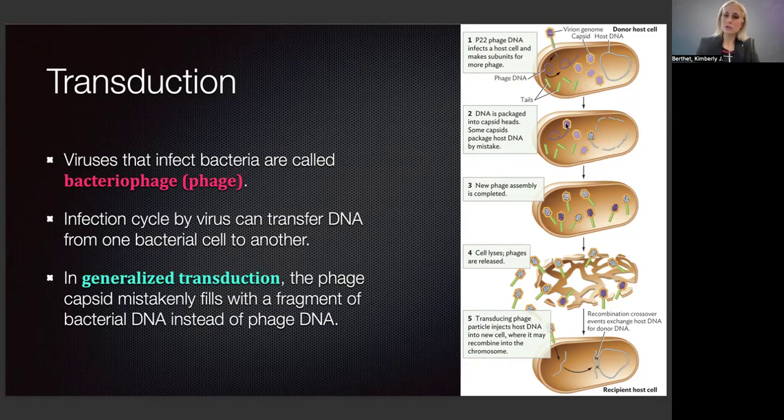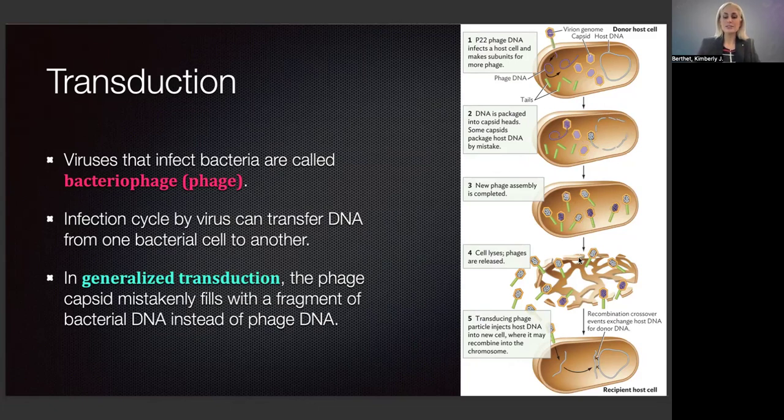In the process of producing more viral protein, like the capsid, the head that we see here, we need to pack it with DNA. Well, we can cut up some of the host genome, as seen here, and it can end up being packed into the heads as well. So here in purple, we have viral DNA. And this whitish light blue color, we have the host genome, the host DNA from the bacterial cell.